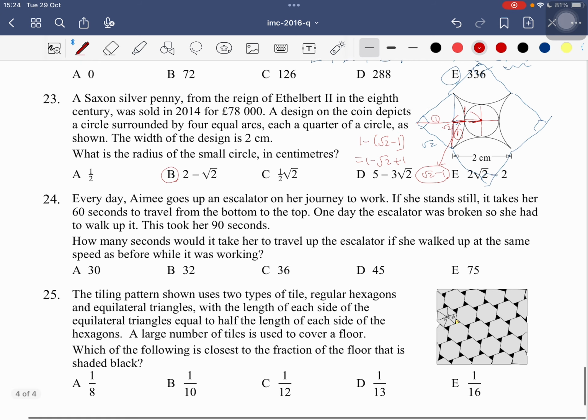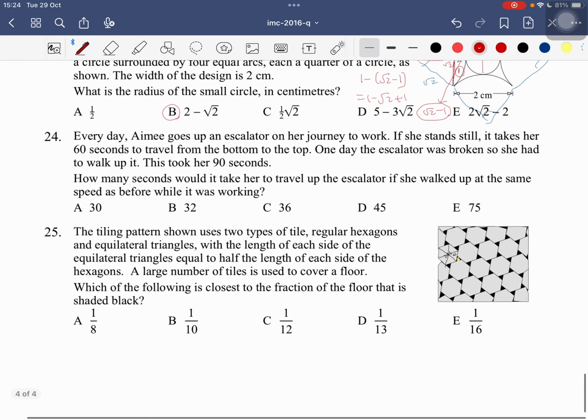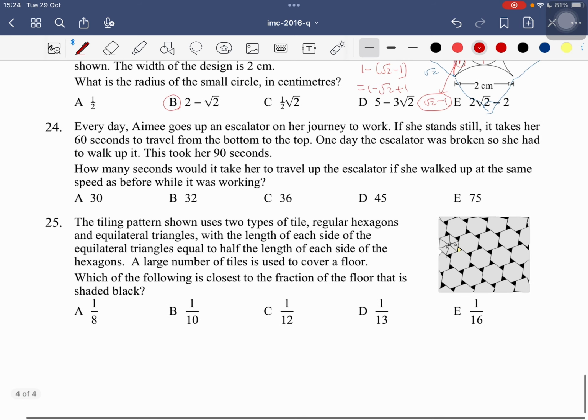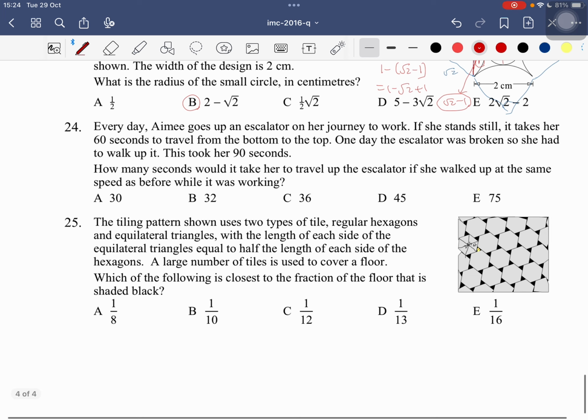Every day, Amy goes up an escalator on her journey to work, stands still. 60 seconds to travel. Okay, so time with escalator was 60 seconds. From the bottom to the top. One day she need to walk a bit and it took her 90 seconds. So walking time was 90 seconds. How many seconds?